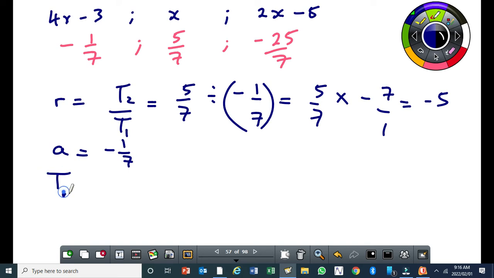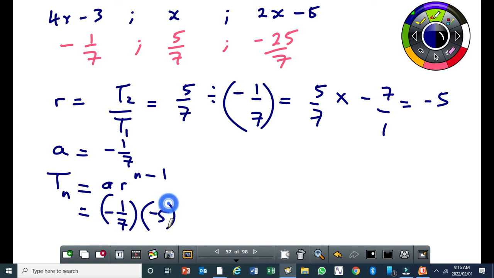Now I can find the general term because I know the common ratio and the first term. So you write the formula Tn equal to A times R to the power of n minus 1. Then allow me to substitute there. The first term is minus 1 over 7, the common ratio is negative 5, raised to the power of n minus 1.